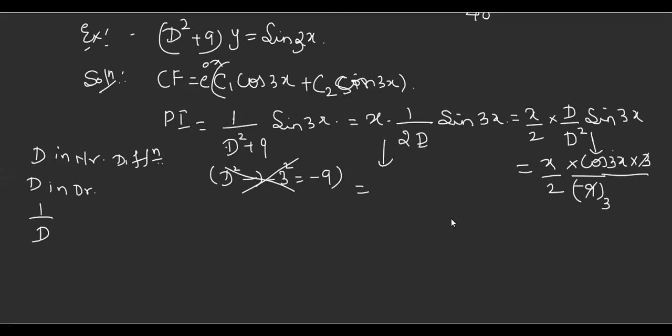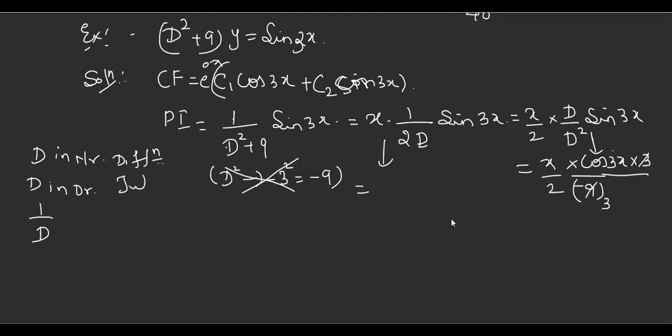If only D is there, what can you expect? D in numerator is differentiation. D in denominator is, isn't it, the opposite, the reverse form? What is the reverse of differentiation? Integration.